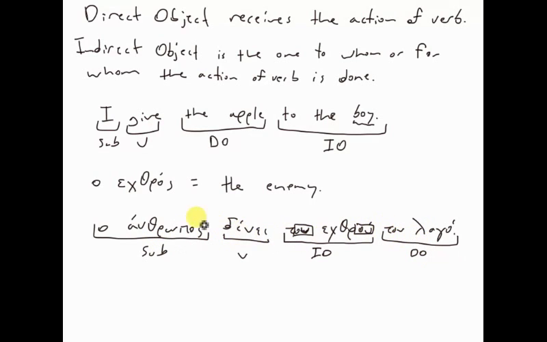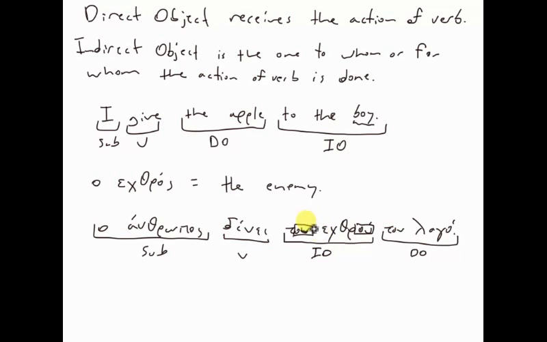You can flip these around. You can say ο άνθρωπος δίνει τον λαγό του εχθρού. The problem with the genitive as the indirect object is that it is sometimes ambiguous as to whether it refers to the indirect object or to the possessor.